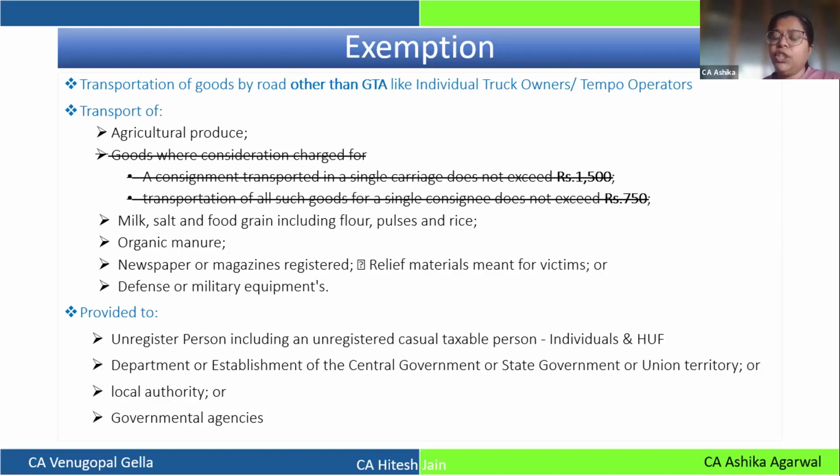Another point, paid to GTA, when I say, you have to distinguish between an individual lorry owner and a transport company. As Hitesh was discussing in the previous slide, to be a GTA, you should qualify the condition that you should provide a service, transport of goods by road, plus you should be issuing a consignment note. Both these conditions satisfied, then only it's a GTA.